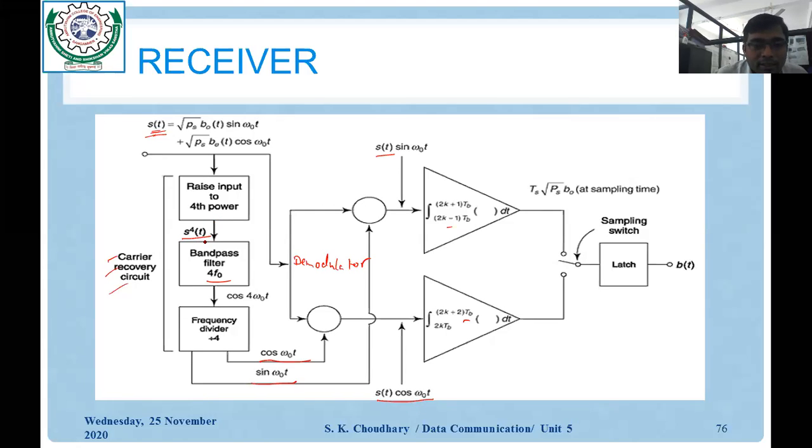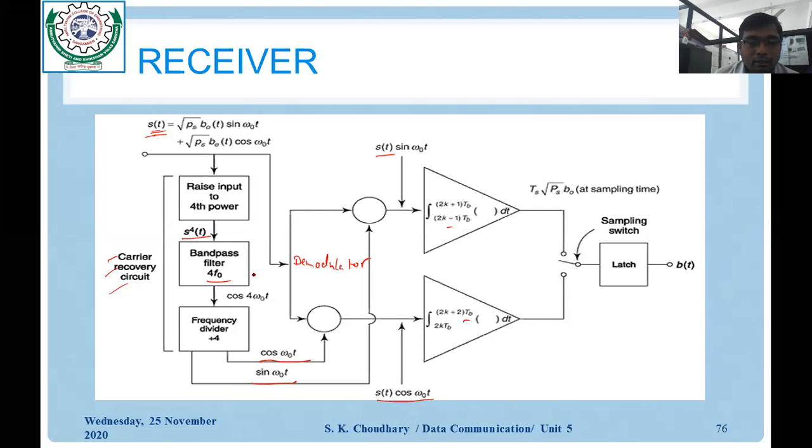Then this signal is passed through the band pass filter, which is tuned to 4f naught. It passes only this component and discards all the DC components, passing only the frequency component that is 4 times f naught.